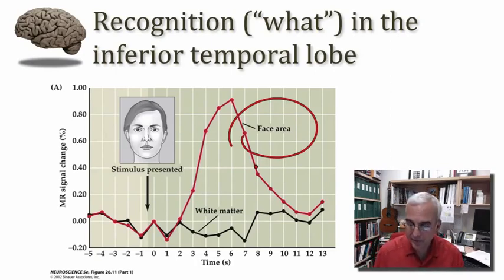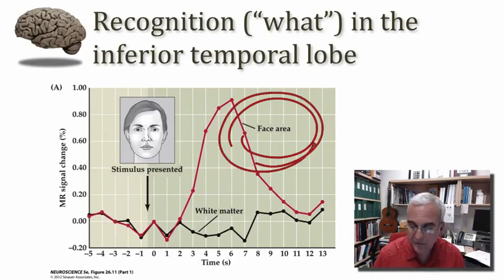And in the case of this region, that seems to be specialized for the recognition of human faces, damage to this inferior temporal cortex can lead to an inability to recognize a human face.